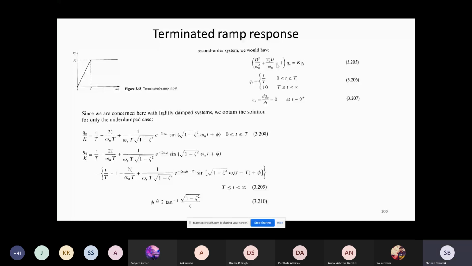So this can be solved in two conditions. If you solve this, you will get the solution.